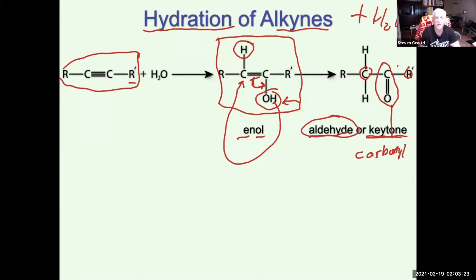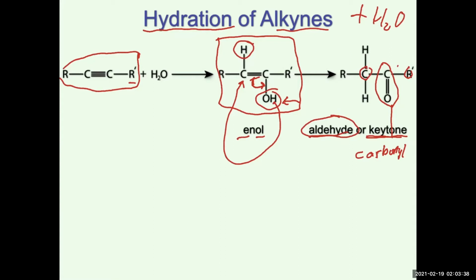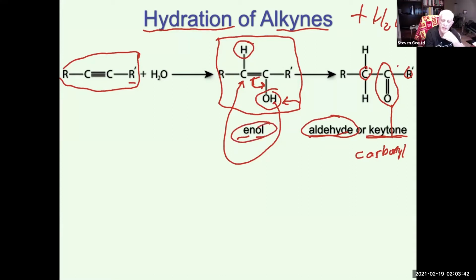And that's it. That's how alkynes work. The triple bond opens up and you have a double bond with an OH group and an H because you hydrated it. You added H2O. And it formed what's called an enol. Enols are unstable and it forms either an aldehyde or a ketone.